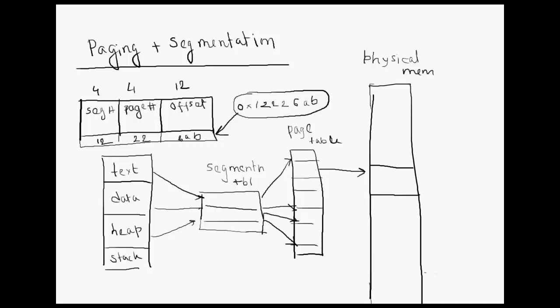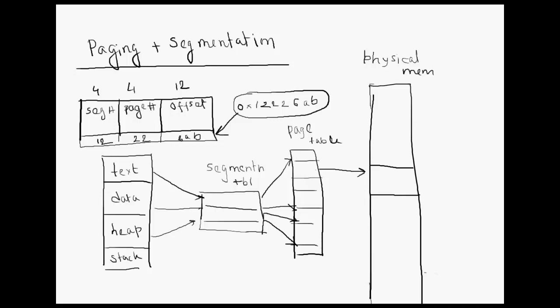Now if the user gives an address of 0x12226AB, the first 4 bits indicate a segmentation number. The segment number here will take us to the segmentation table, and from there we can find the corresponding page table and also get the protection bit, whether it is readable or writable.